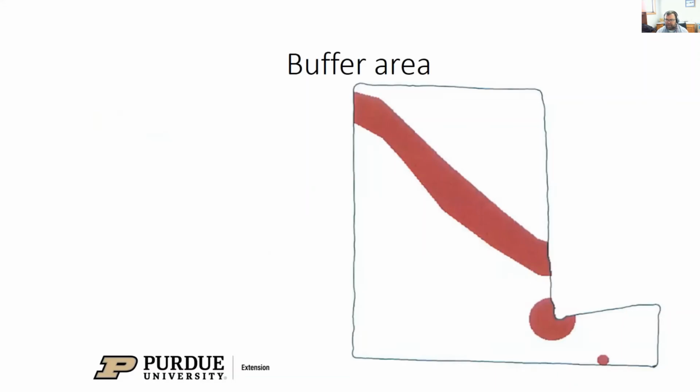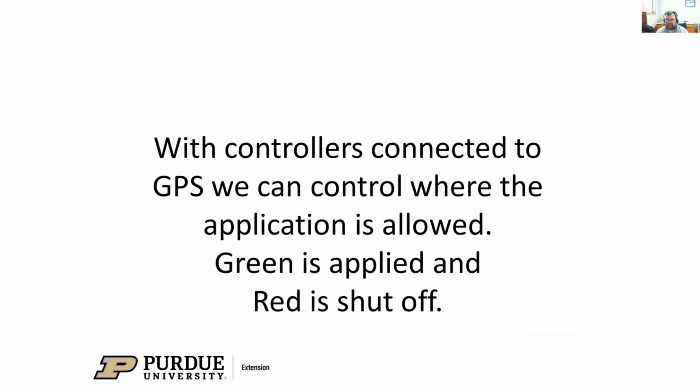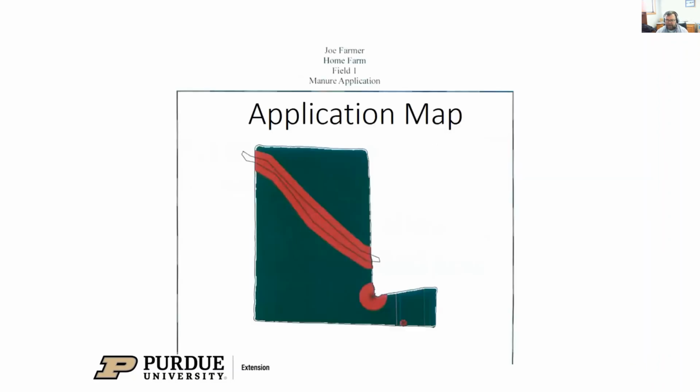As you're making these applications, make sure that you think about these when you're applying manure or fertilizer, so that you're within the state guidelines. And as this says, with controllers connected to GPS, we can control where the application is allowed. Green is applied and red is shut off.